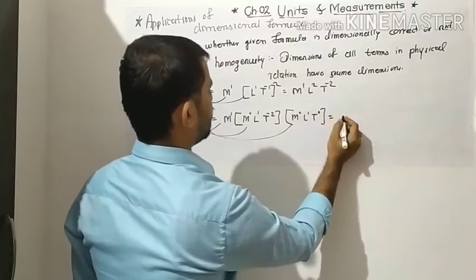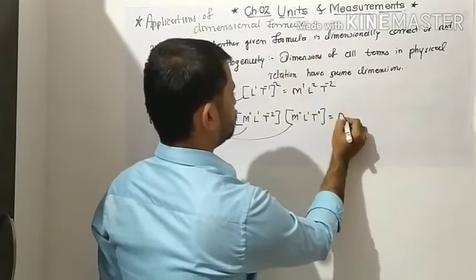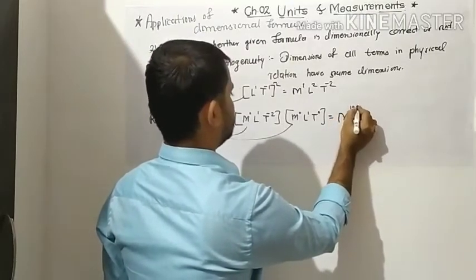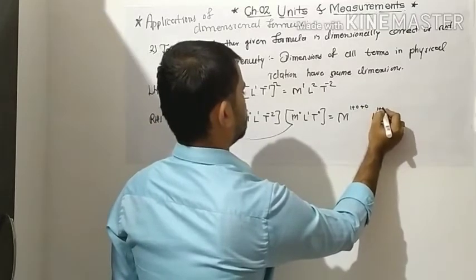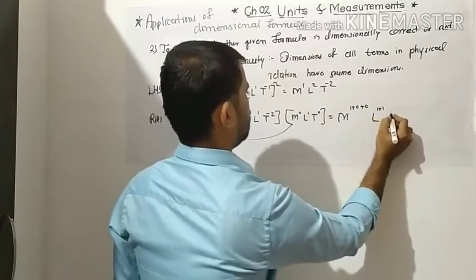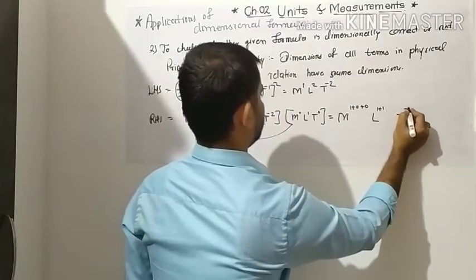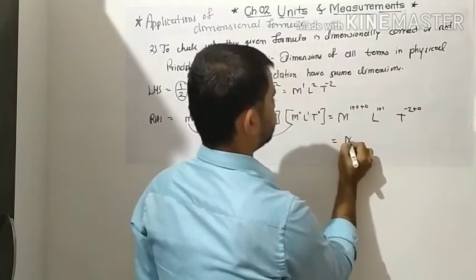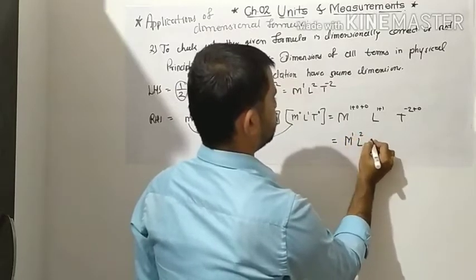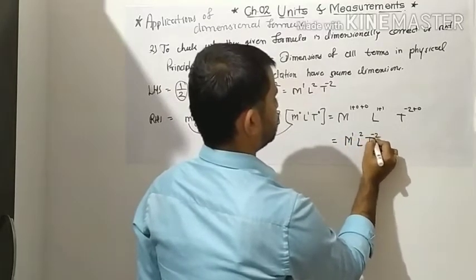So we can write it as m raised to 1 plus 0 plus 0, L raised to 1 plus 1, t raised to minus 2 plus 0. So that we will get m raised to 1, L raised to 2 and t raised to minus 2.